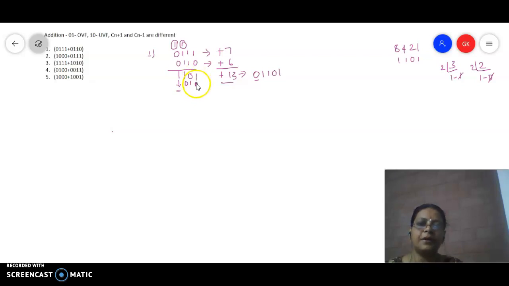So the 2's complement representation of this number is 011, which is nothing but minus 3. The actual answer expected is plus 13, but if we consider the sign bit, it is a wrong answer. Instead of plus 13, you have got minus 3.